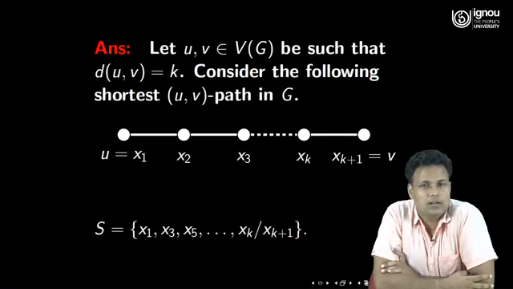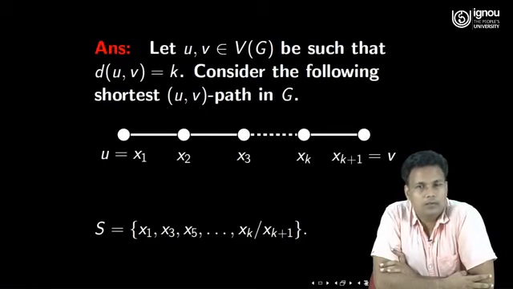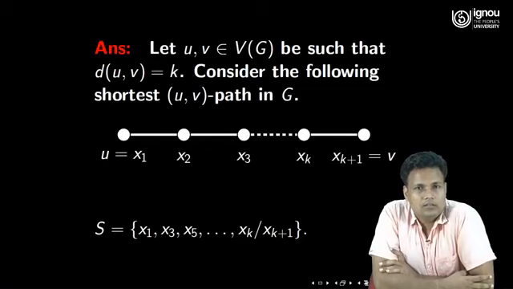Namely, these vertices are x1, x2, x3 and so on up to xk and x(k+1), where x1 is u and x(k+1) is v. Since this is the shortest u-v path, you can see that u has exactly one neighbor on this path, and which is x2.